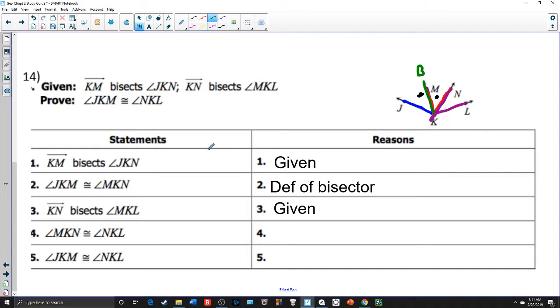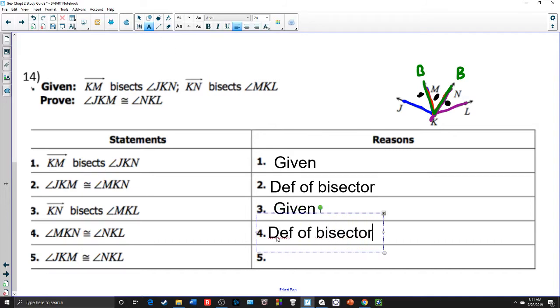And again, it also says that KN is a bisector of MKL. So KN, which is this line right here, is also a bisector of NKL, which also means that this angle right here and this angle right here on either side of the bisector are congruent. So we can use the same reason, by definition of bisector.